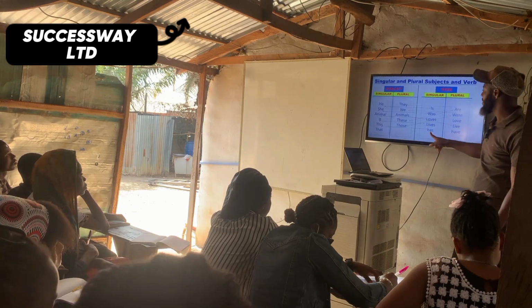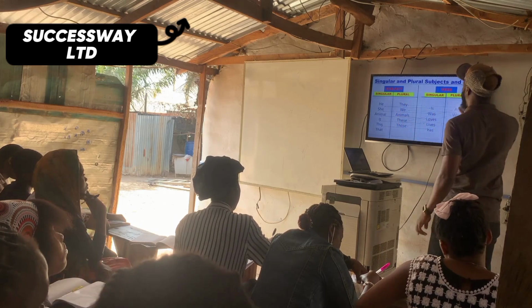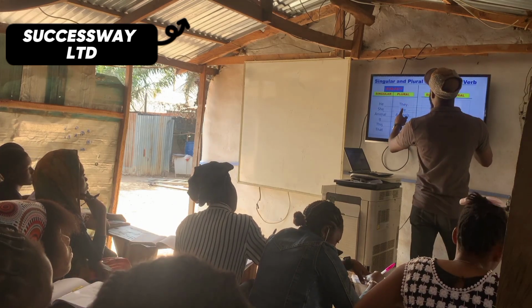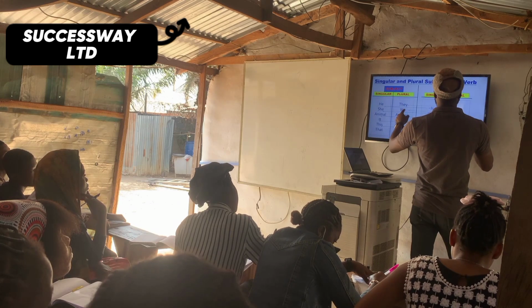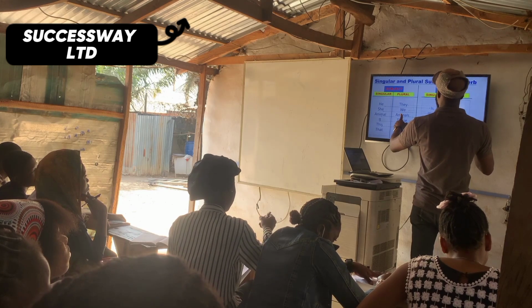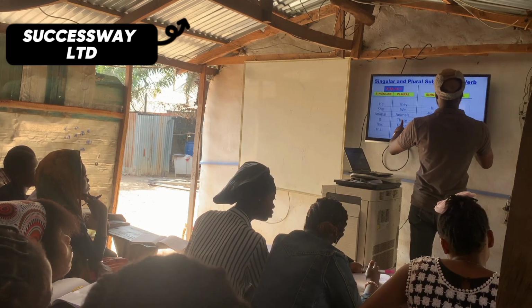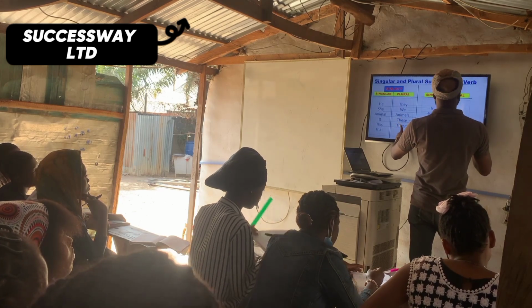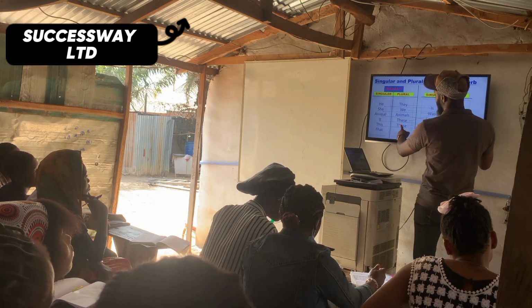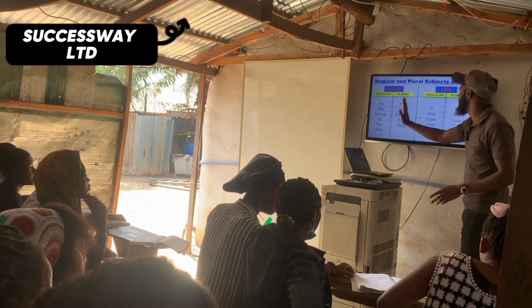That's an agreement. Then look at the plural. They are, we are, we were, we love. Animals live. These are, those are. Do you understand?